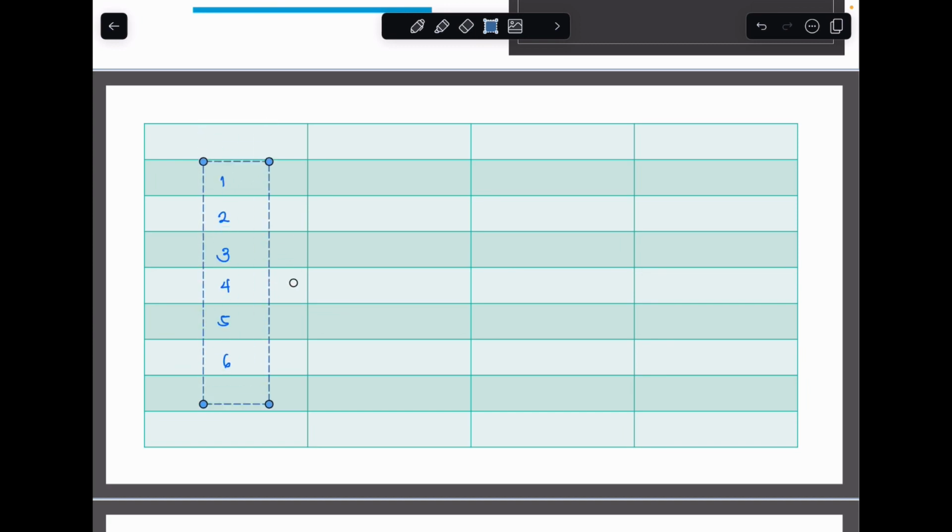So this column would serve as the x sub i, and then the next one would be y sub i. And then based on the formula that we had before, we need to get the product of x sub i and y sub i, and then we need to square the x sub i. So we need to fill out the table first.